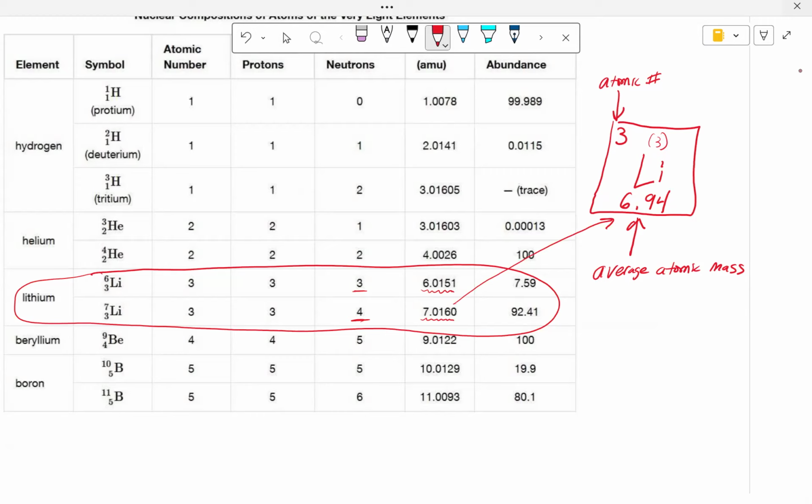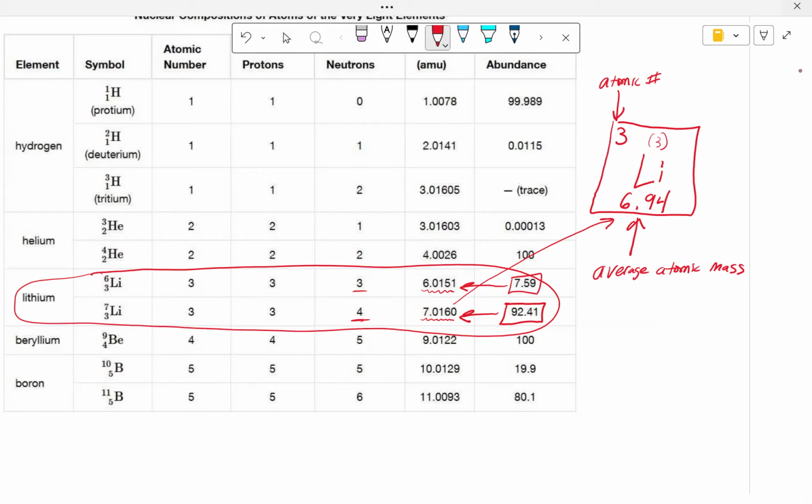So this is where what we call the abundance, or relative abundance, comes into play. 92% of all lithium atoms is lithium-7, and only about 7.5% is lithium-6.